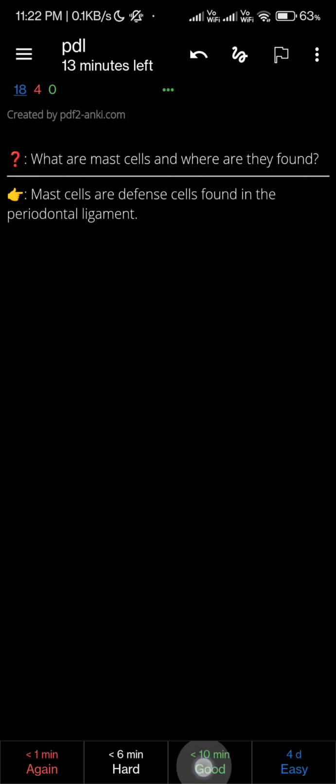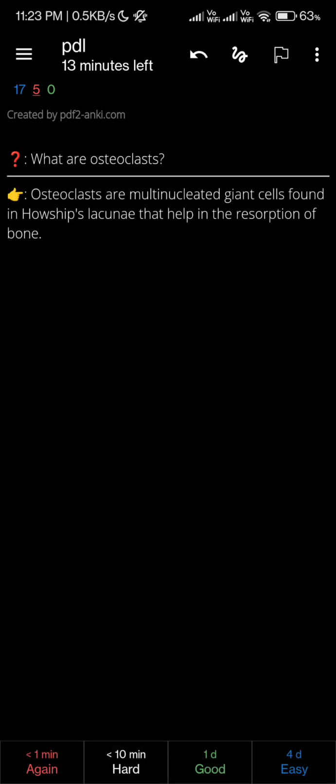What are osteoclasts? They are responsible for resorption of bone.